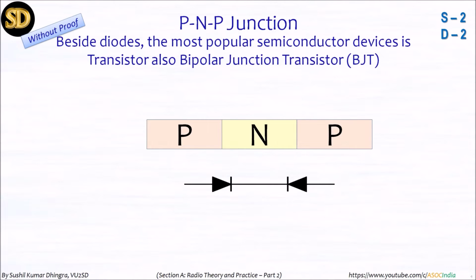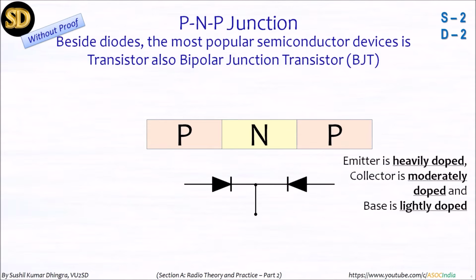Now listen carefully. Now we have a three terminal device, as you can see on your screen. The first one is the emitter, a heavily doped element. The collector on the other side is moderately doped, slightly less than the emitter. And in between is the base, which is very lightly doped because it has to control the flow of charges from emitter to collector.